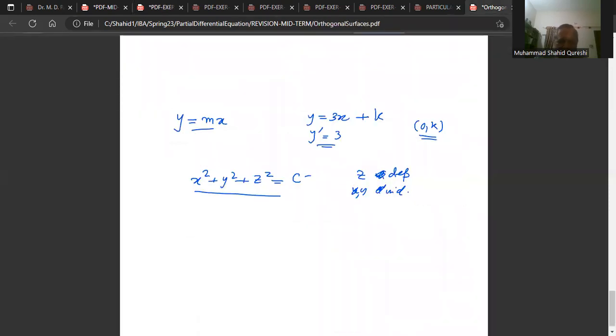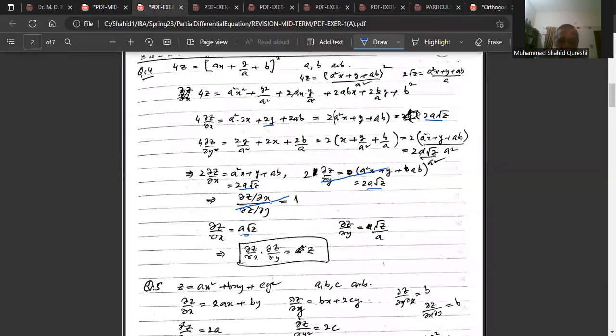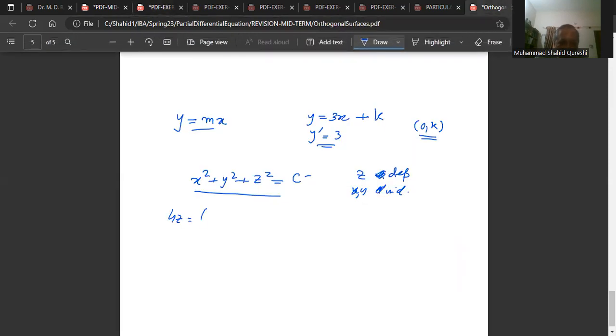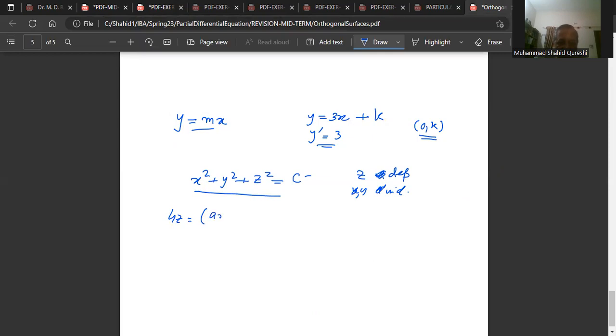Let me work it out here. The problem was 4z is equal to (ax plus y upon a plus b) whole raised to power 2. So I said let us take the LCM: (a square x plus y plus ab) whole raised to power 2 upon a square.